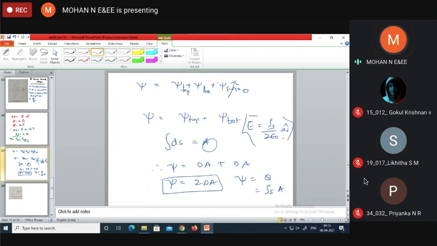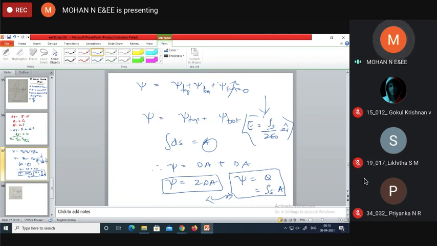Okay, so this is the expression for field intensity. I'm equating and simplifying for this one. Yes, this is the expression for the field intensity due to a sheet of charge. So any doubts here?